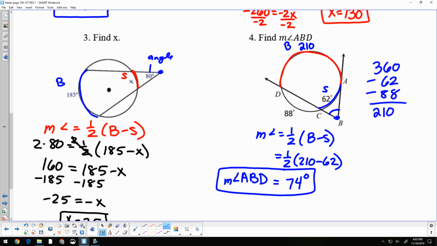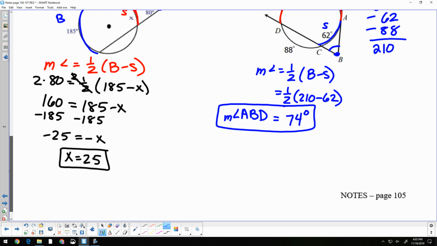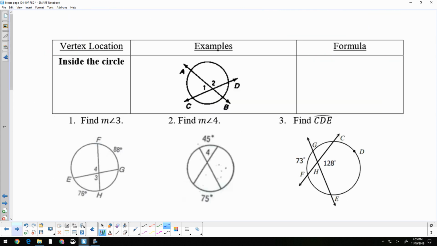Okay. We have one more equation to do. I think this one is the toughest, so the next one is a little bit easier. So the next one is talking about when we have an intersection inside the circle. So this is inside the circle. It creates two angles. Right now we're going to talk about angle 2. You remember these are vertical angles, so they're the same.